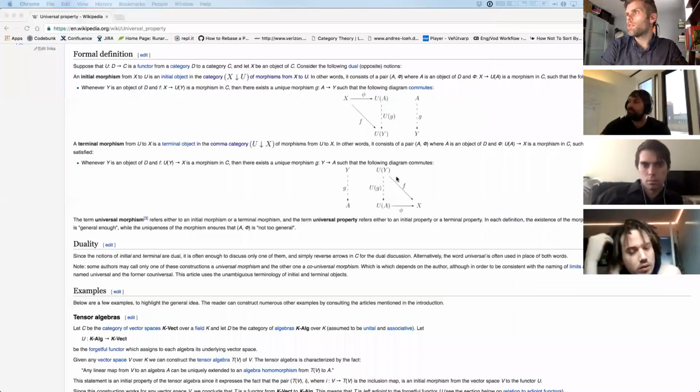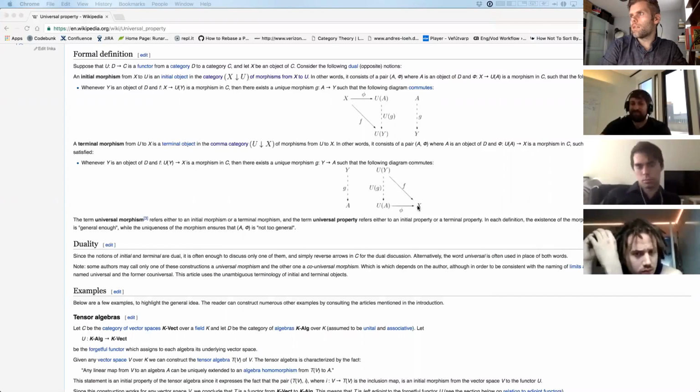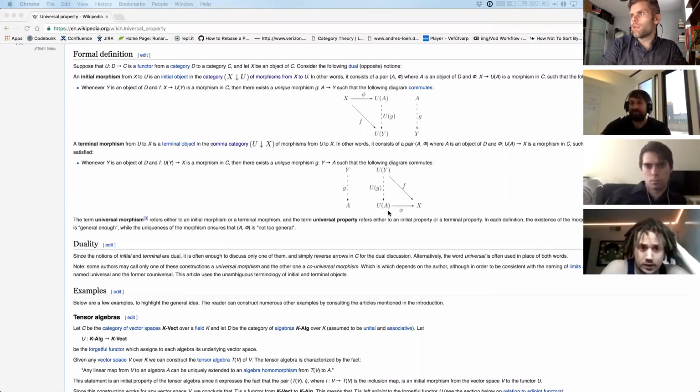Let me see. So in here, yes. If you can go from U of Y down to X, and U of A to X, right? We're restricting the category D to only the objects that project to object X, in our functor.